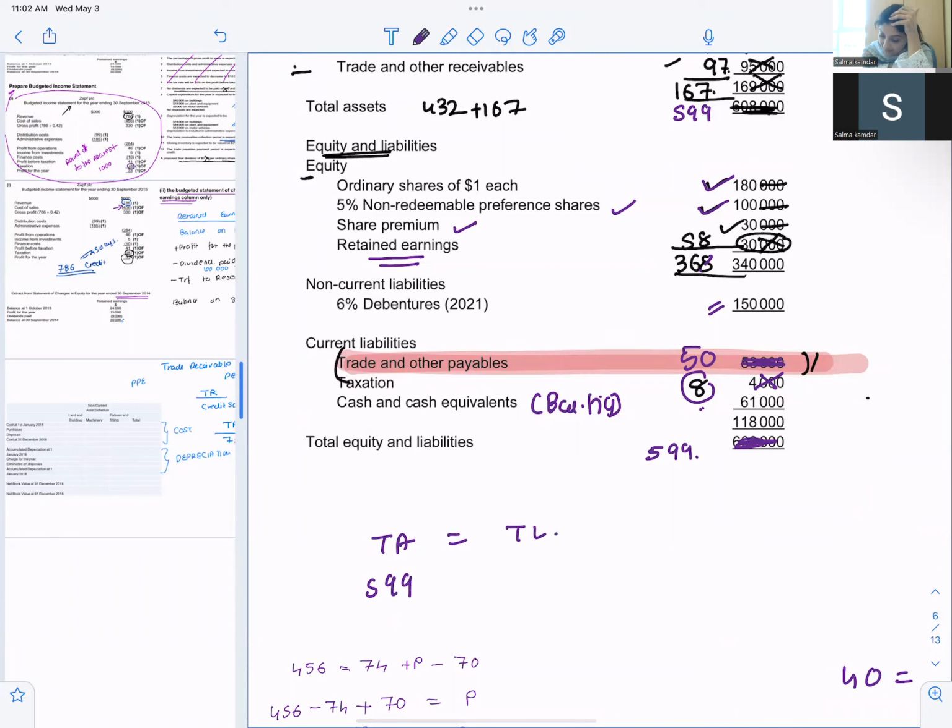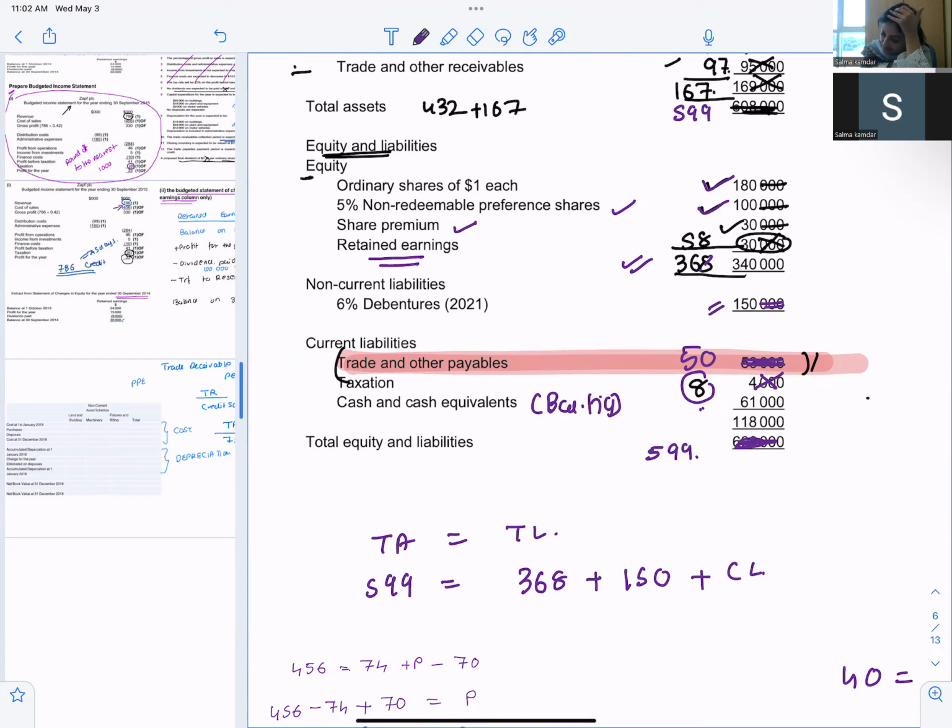Total assets is 599. This is equal to my equity and retained earnings section, that is 368, plus the non-current liabilities, that is 150, plus the current liabilities.